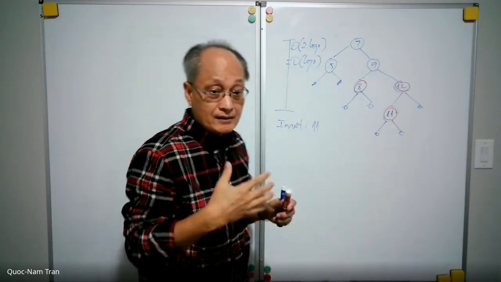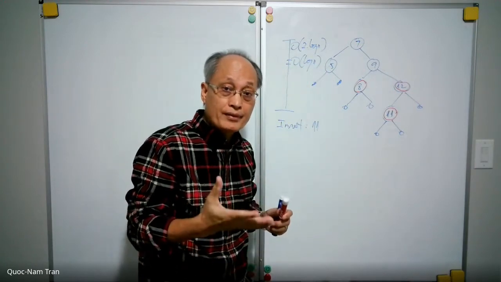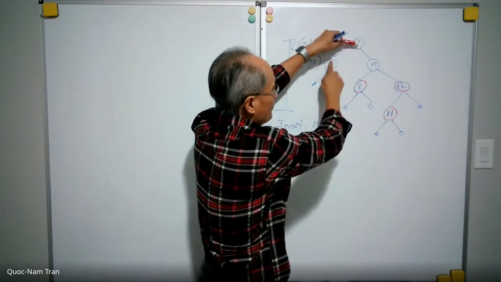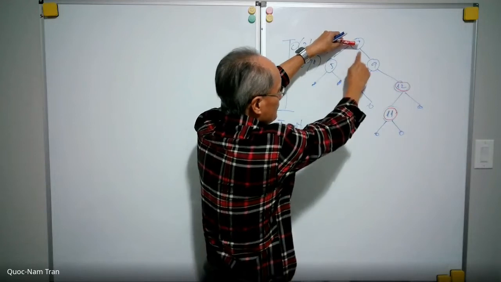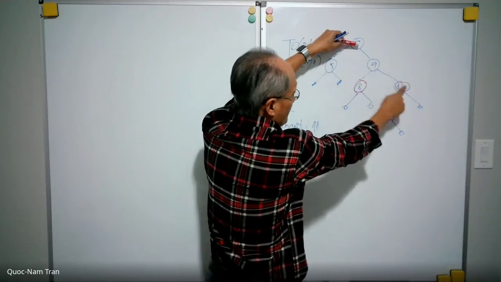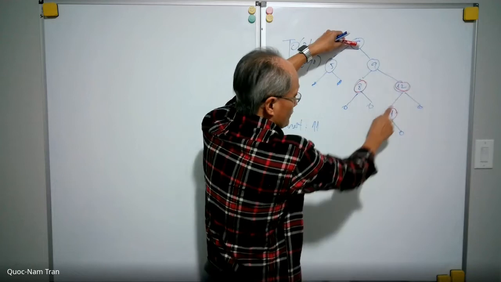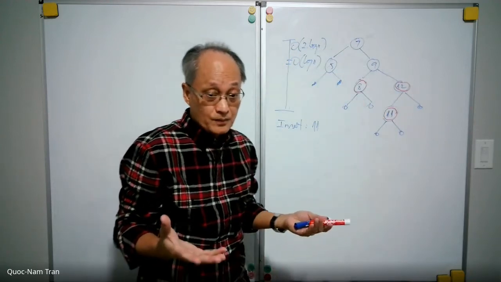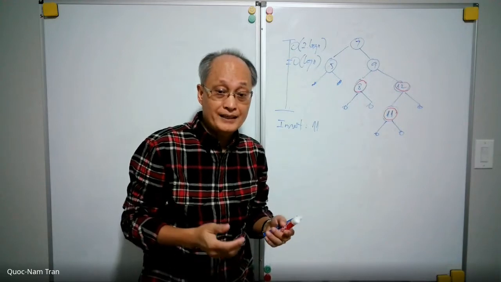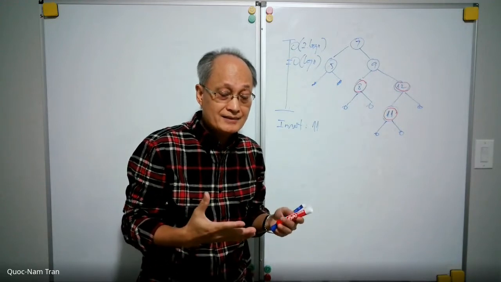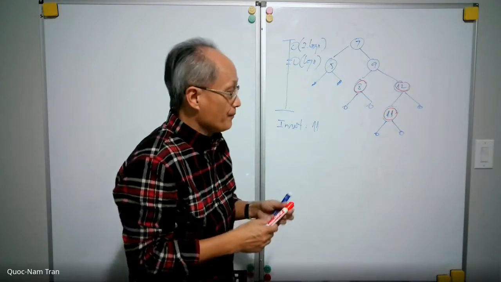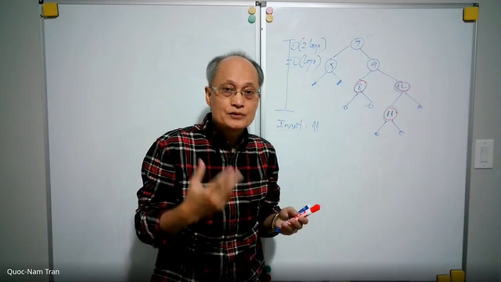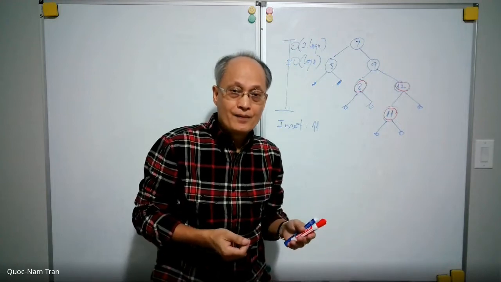Then I resolve the problem with the black count, meaning here I have 1, 2 on every branch, right? So we are good with the number of black nodes, but it has a problem: on a red-black tree, you cannot have two red nodes in a row.